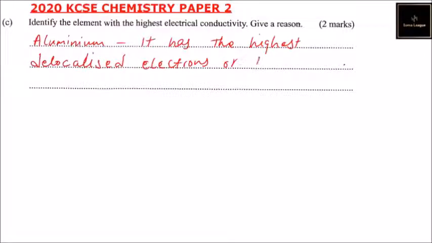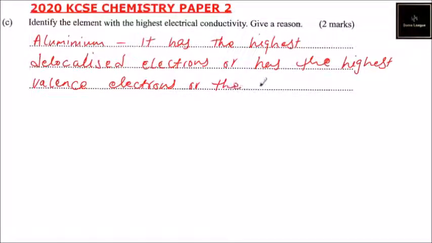Or it has the highest valence electrons, or you can say the atom has 3 delocalized electrons.